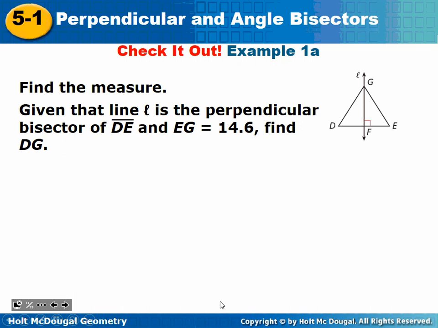No. But if you go to the directions, it says, given that line L is the perpendicular bisector. So now the first thing I would do is mark my picture. If line L is the perpendicular bisector, what two parts can I mark congruent? DF and EF. Yes, I can mark those two pieces congruent because now it is not only perpendicular, but it's a bisector. And now using our theorem, what else can we mark congruent?